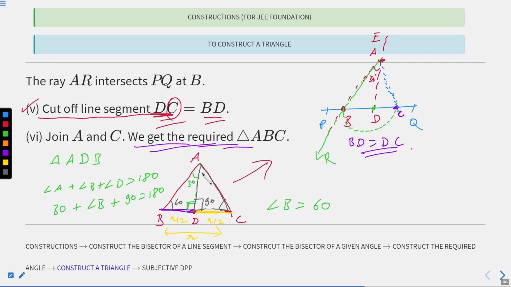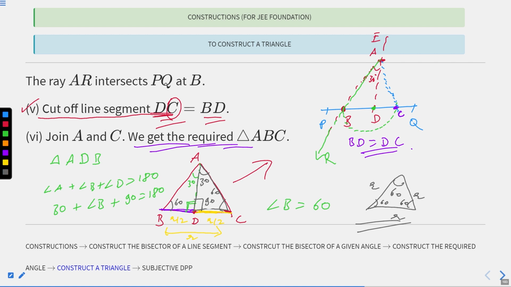By construction we see that it is 30 and it is 60. So this is 60, this is 60, this is also 60. And this is R, this is R, and this is also R. So this is indeed the equilateral triangle that we required.